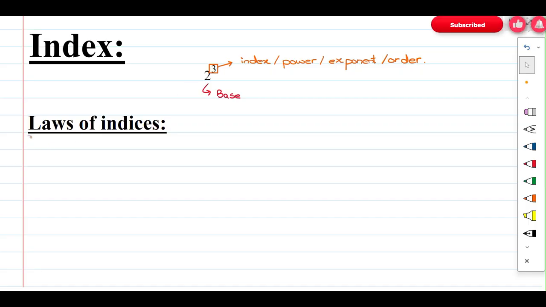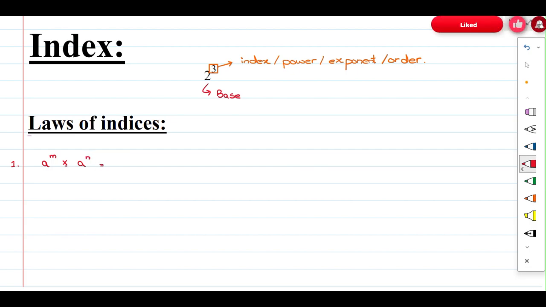Okay, now let's learn the laws of indices. There are many laws of indices which we need in O levels and IGCSE mathematics, so let's learn them one by one. The first law of indices is when you have a to the power m multiplied by a to the power n.